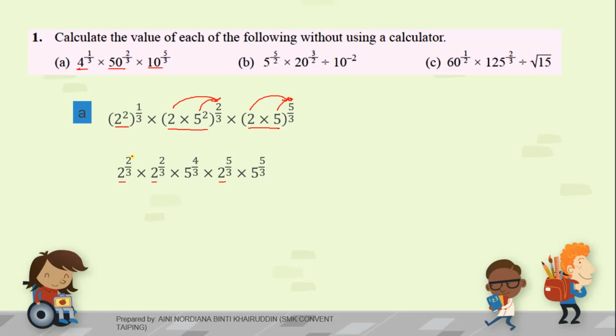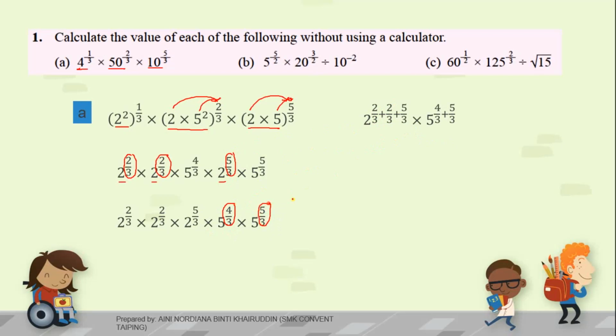So you can add the index or the power here. So base 2, the power of 2 over 3 plus 2 over 3 plus 5 over 3, times 5 to the power of 4 over 3 plus 5 over 3.